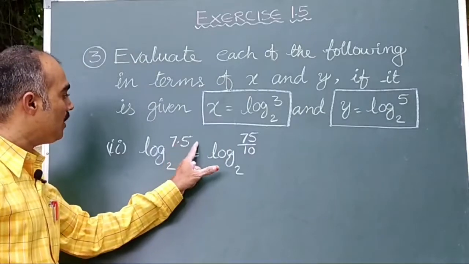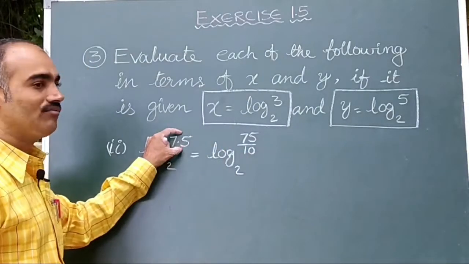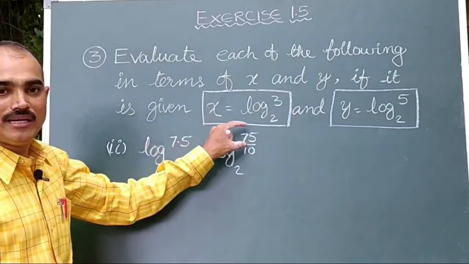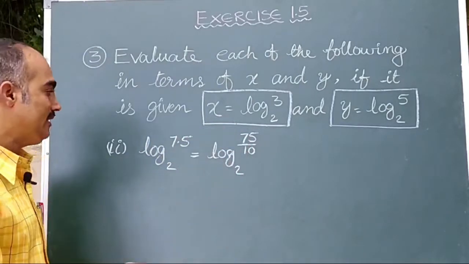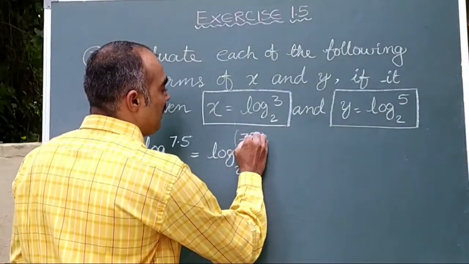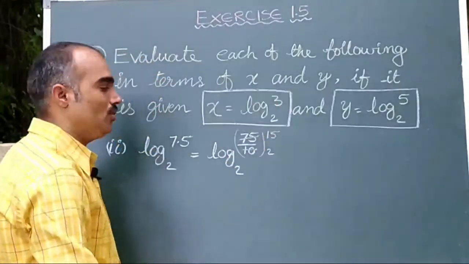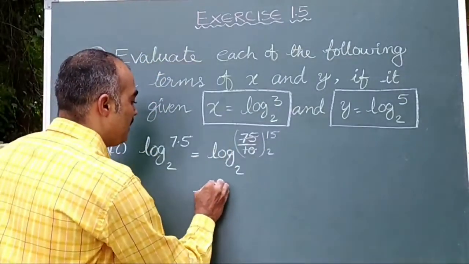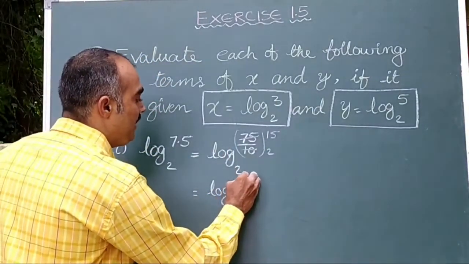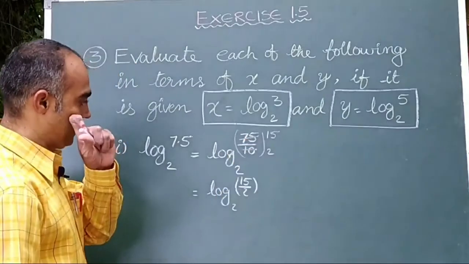If two digits are there, it can be divided by 100. So, like that 7.5 can be written as 75 by 10, right. Now, here let us do cancellation. Here with 5 we cancel, 5 15s are 75 and 5 2s are 10. So, it can be written as log 15 by 2 base 2, right.